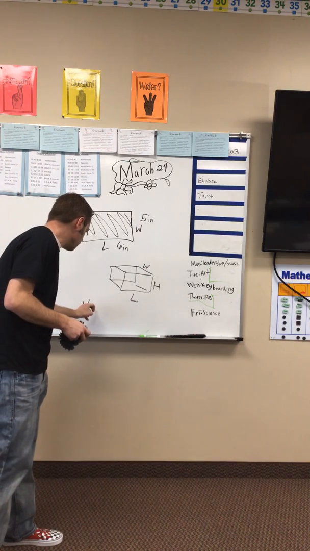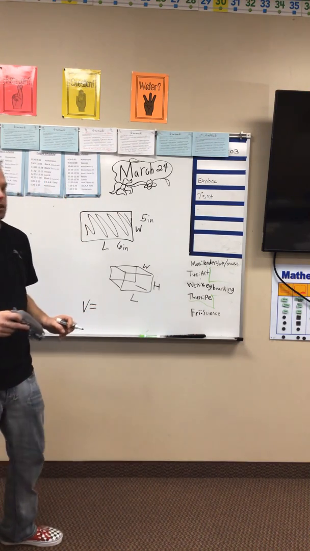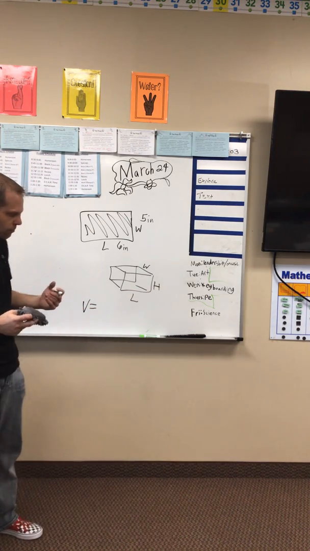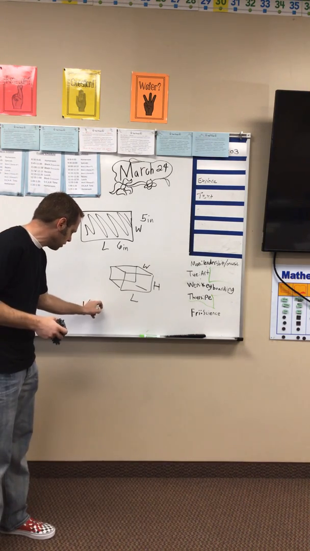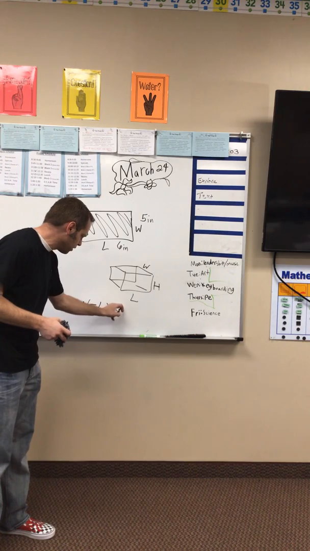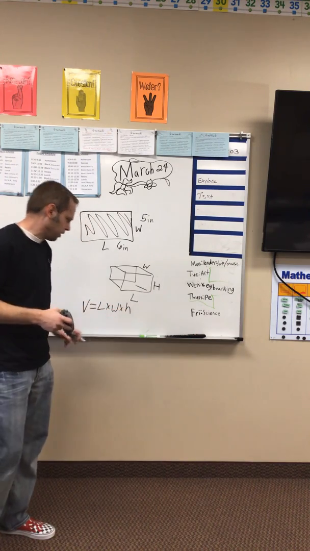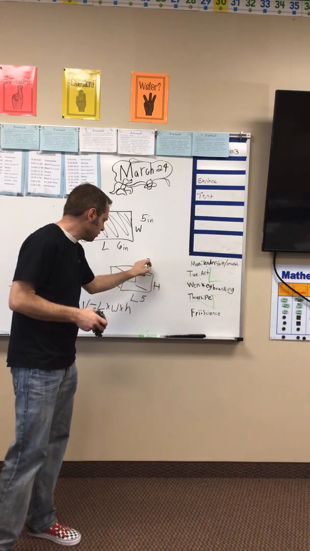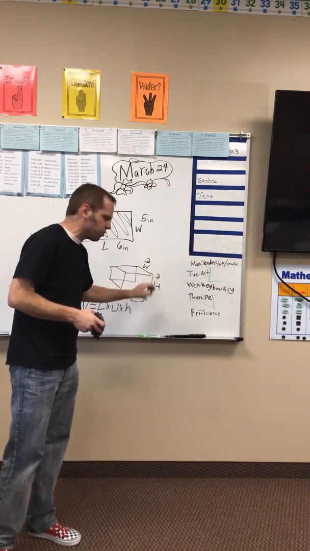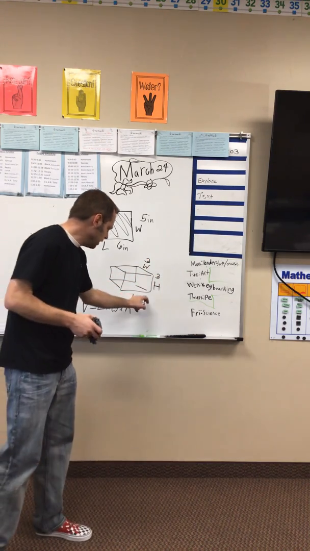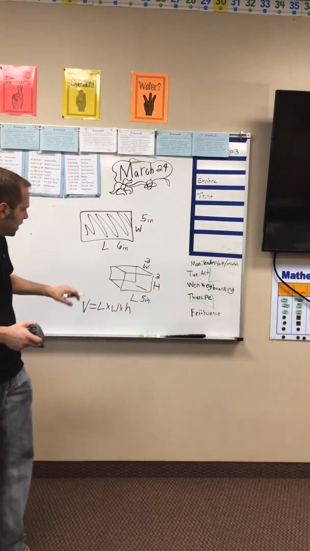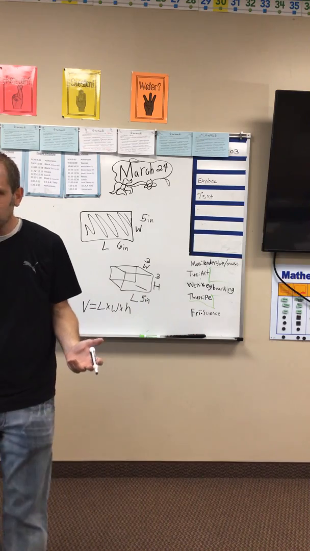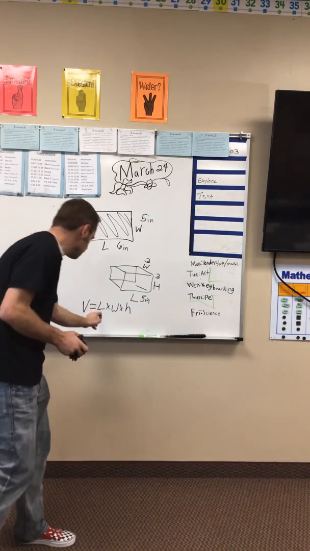So volume for a 3D shape, we're going to be working with prisms, is going to be your length times width times height. If the length is 5, the width is 3, and the height is 3, and we're talking inches here, I'm going to do 5 times 3 times 3. So 5 times 3 is 15, 15 times 3 is 45.